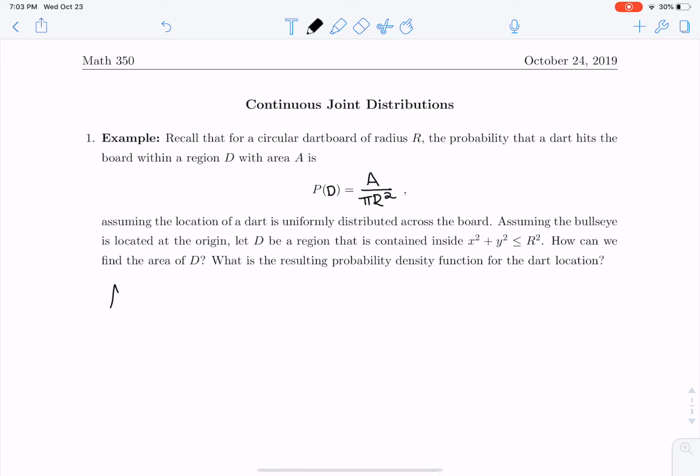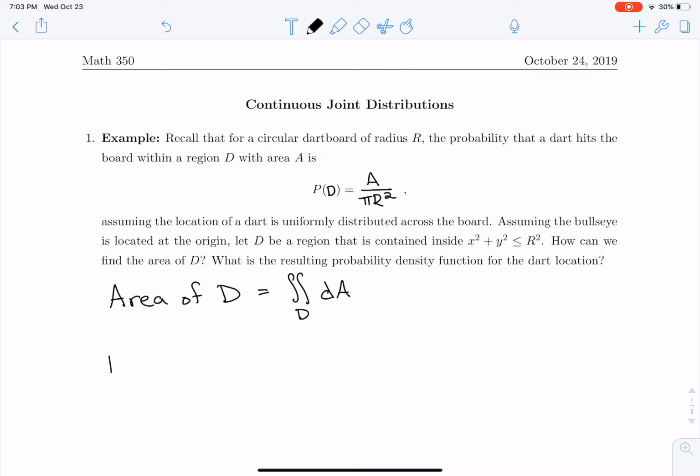So if you have a two-dimensional region, we'll call that D, how do you find the area of that region? Well, you might remember from multivariable calculus that if you take the double integral over that region D of just dA, then you get the area of the region.